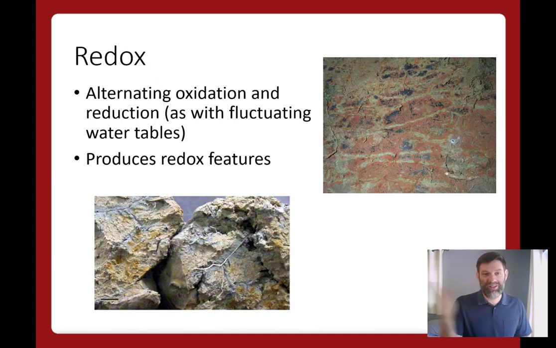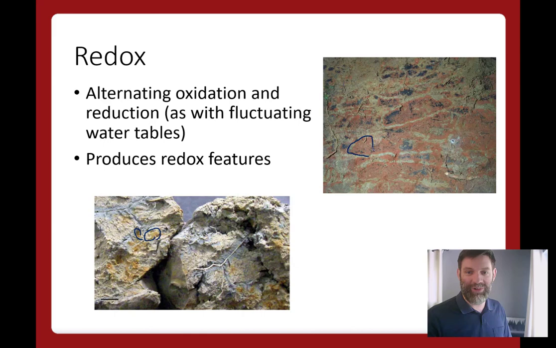If we combine those two, we go back and forth, which is common near a water table, because water tables rise and fall seasonally. When it's wet, they come up, it dries off, they drop. And there's a zone where it's wet some of the year, dry some of the year, and we often get what we call redox features that are these splotchy looking zones, some where we've concentrated iron in the red to yellow to orange zones, right?